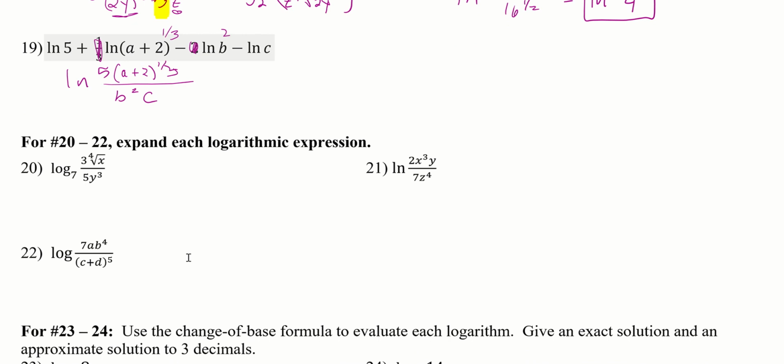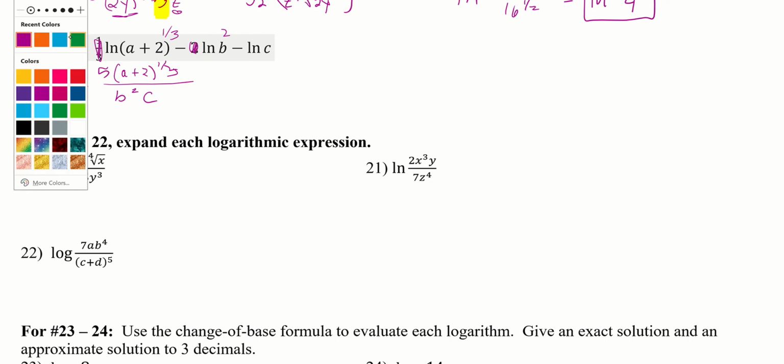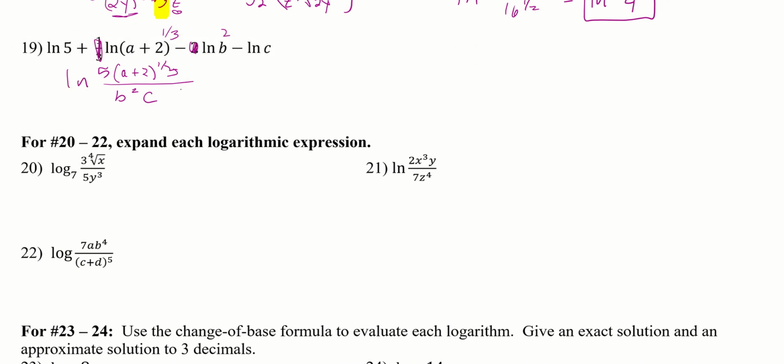Now the next few expanding ones, let's change up the color. We just have to be careful to make sure that we know how many terms there are, right? So the 3 and the x are actually 2 separate terms. Same with the 5 and the y. So for me, the best way I remember it, we can do this all in one step, is anything on top is positive, log base 7.